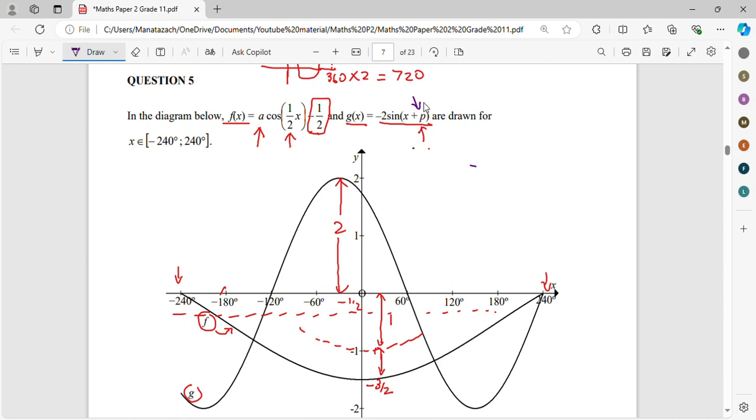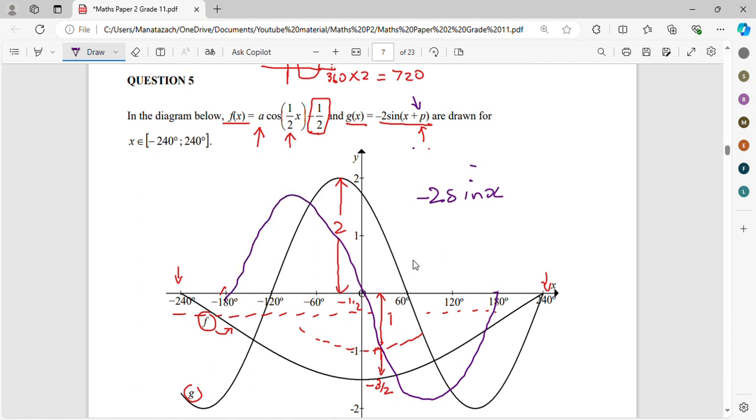And if you've got a minus, that means you're shifting the graph to the right. So you just remember that. So the normal sin x graph, without shifting it to the left or right, would look something like that, right? It will go something like this, then cross 180 degrees, and then it will continue this side as well.